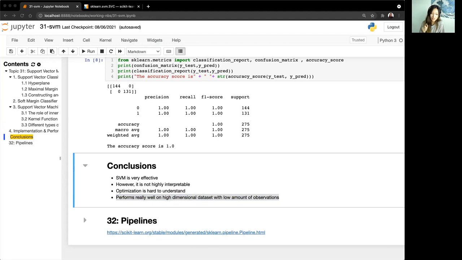SVMs do have a good chance at performing very well for text data, because you're right, if you think about text data where every word is a column and you just have word counts, yes, SVMs will perform very, very well because you have such high dimensionality. There's a lot of space for your SVM to look for a dividing plane.